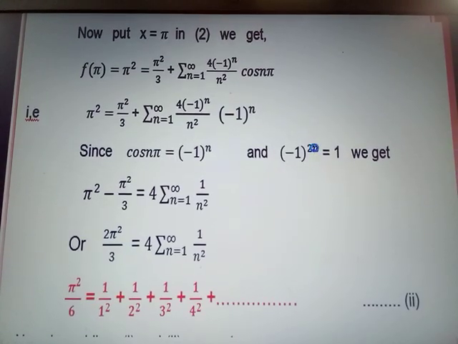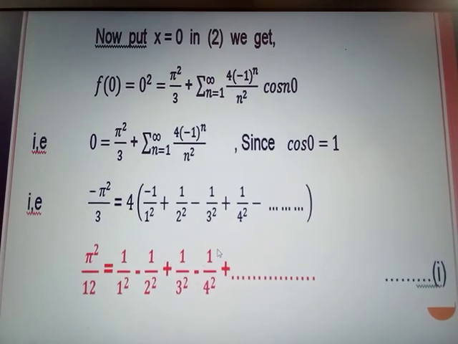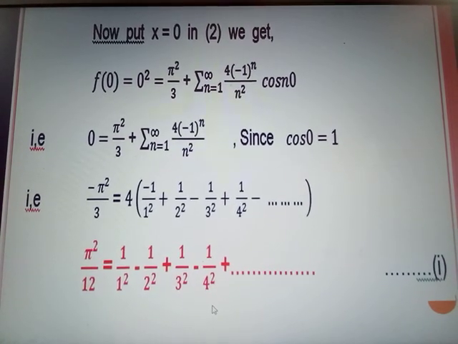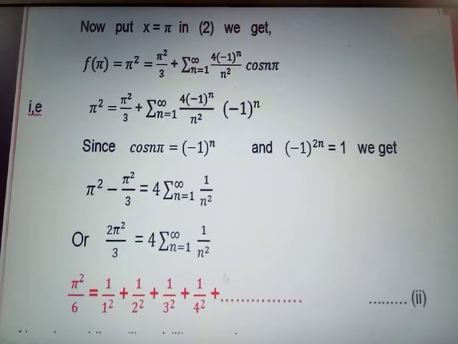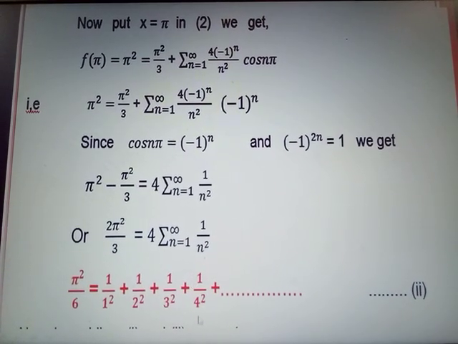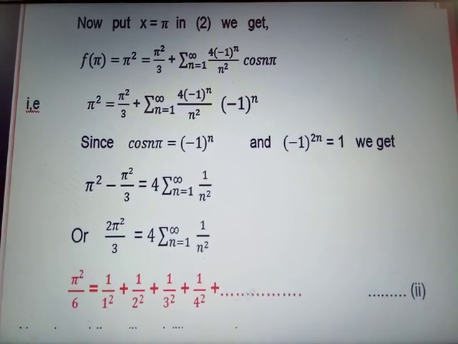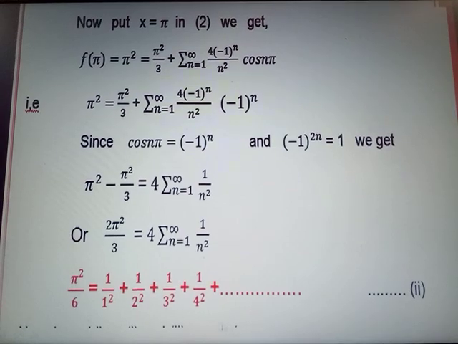Because see here, in the first series 1 by 2 square and 1 by 4 square values are negative, and in the second series 1 by 2 square, 1 by 4 square values are positive. When we add these two, they cancel each other.